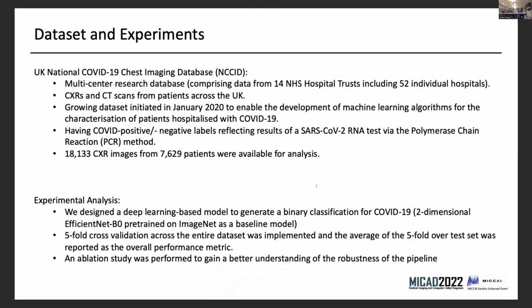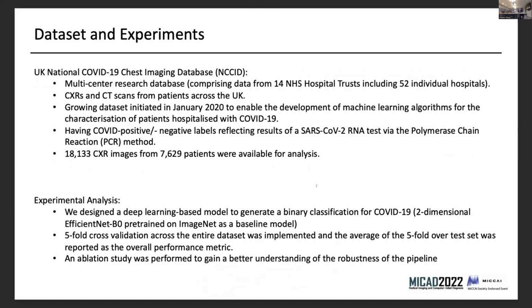We worked on the NCCID, the UK COVID-19 chest imaging database, which is a big data set that was assembled in the UK. At this time, we had 14 trusts and 52 individual hospitals, and the data set is still growing, I think. There were images from patients from all around the UK, and the aim was to develop machine learning tools.